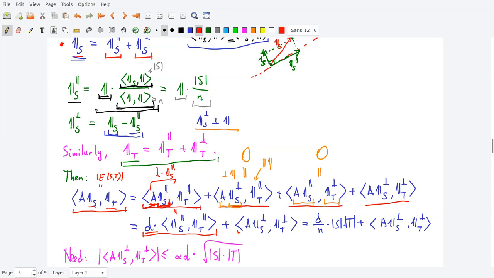And this term I just rewrote. But now we understand what this is: as we noted here, this is just all ones times S over N, and this is all ones times T over N.